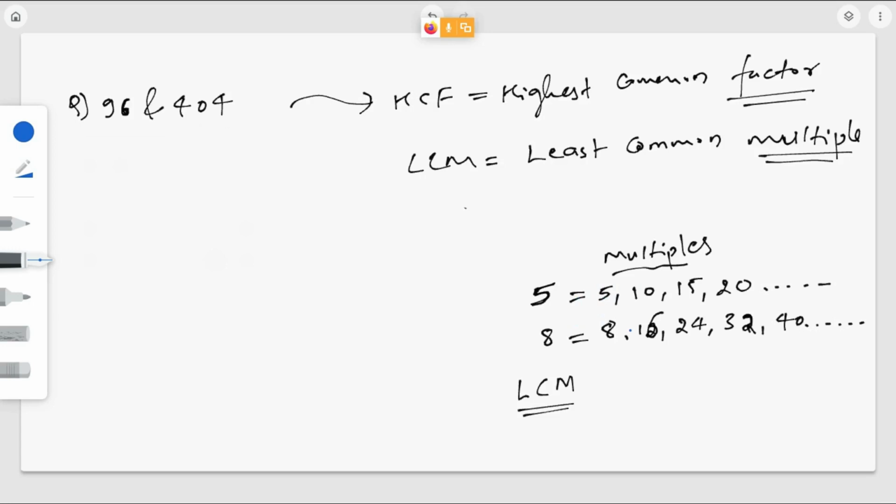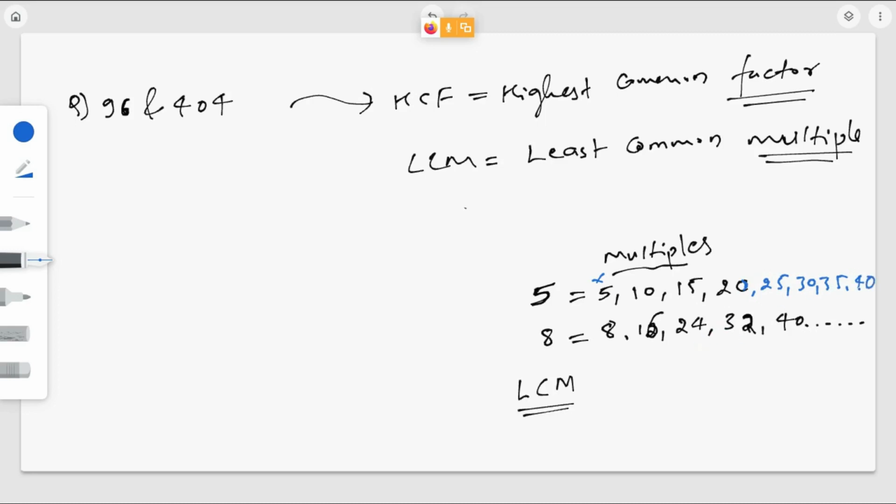Is 5 in the multiples of 8? No, right? 10, 8, 16, so nothing is common here. So I will extend the multiples of 5 after 20: 25, 30, 35, and then 40, right?